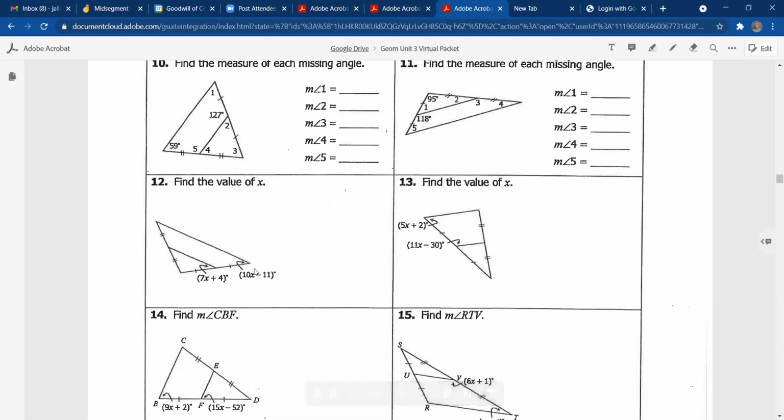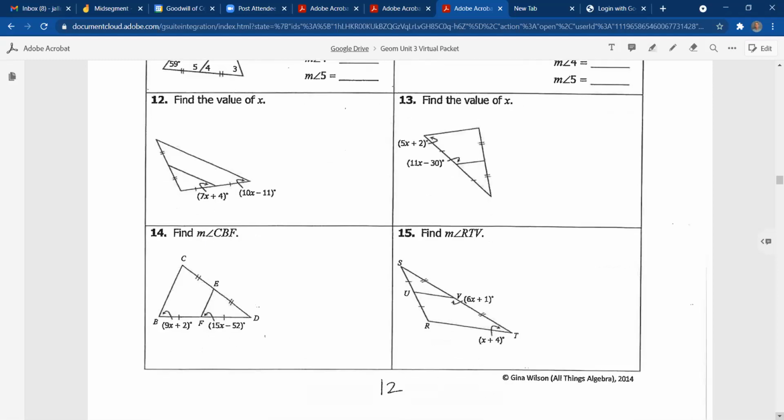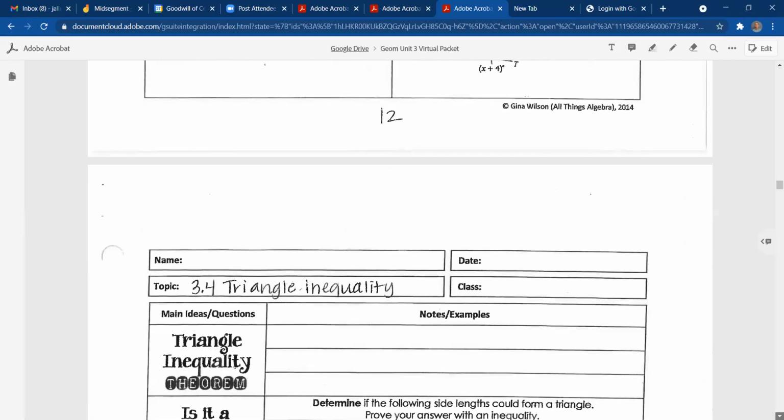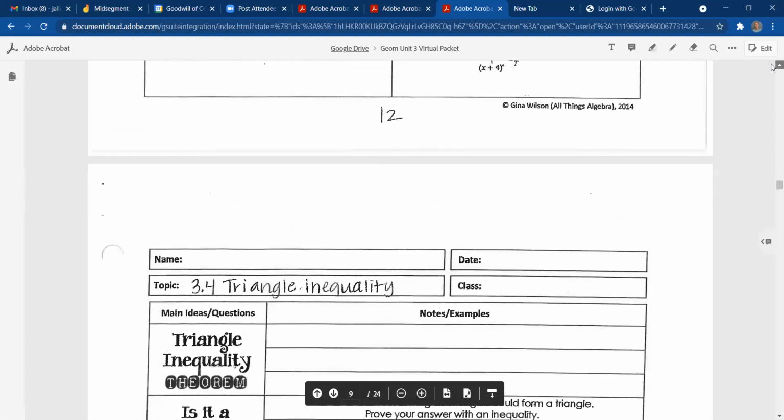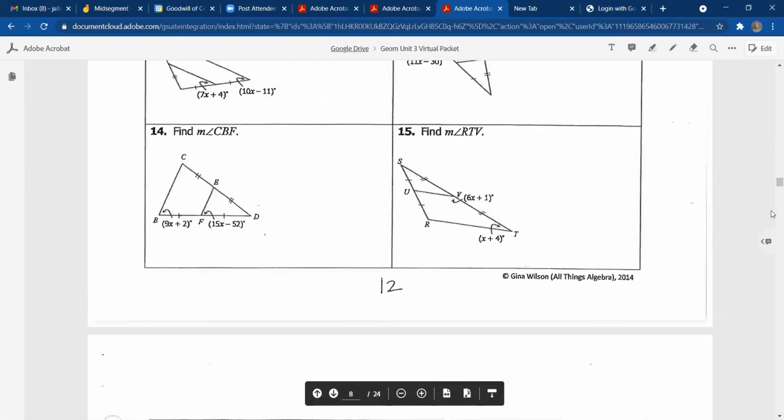Those definitions are going to allow you to set up the equations and find the answers that they're asking for. Questions on any of that? Go back and dig out those transversal rules. Keep that stuff handy.